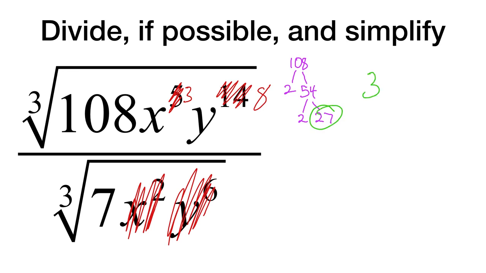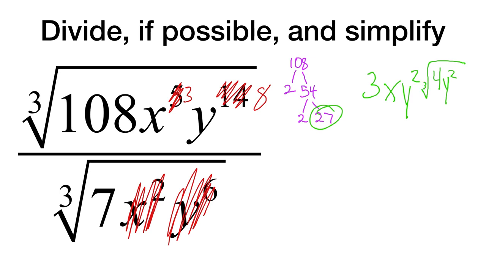So it looks like we have a 3 out here. We can pull out the x completely, and we can pull out 2 of our y's. But that's going to leave 2 y's inside because we only pulled out 6 from inside. So let's see. Inside, we're left with 4 y squared.